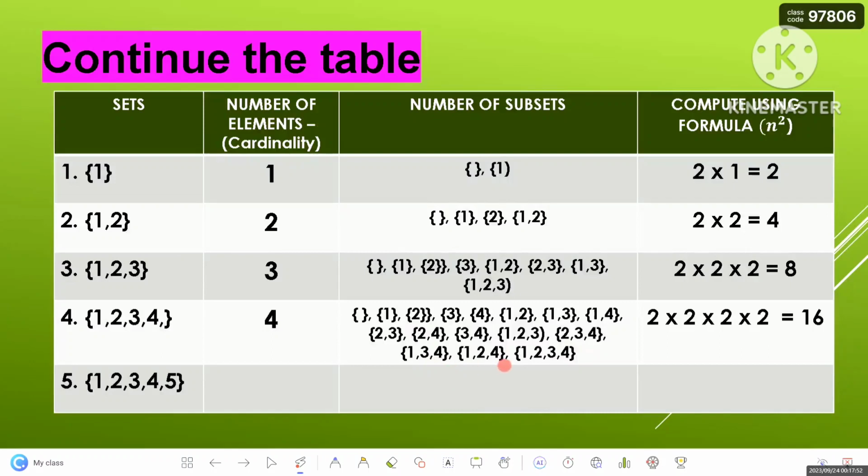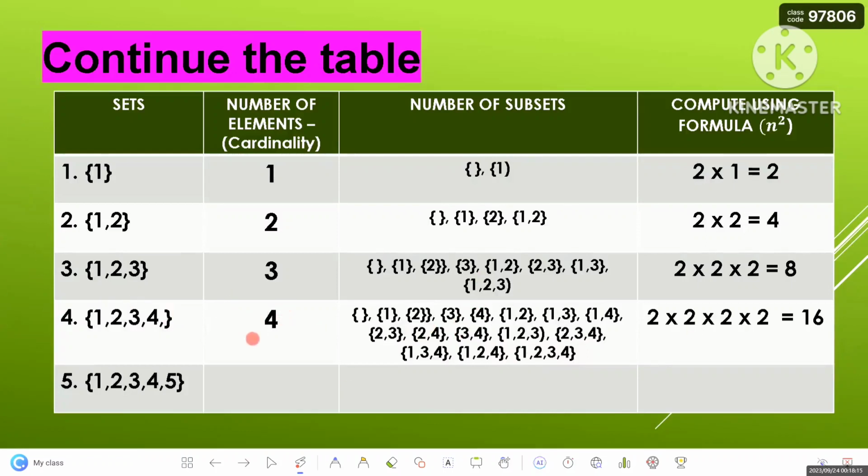And then, yung 4 na, isa. Kung bibilangin natin, we have 1, 2, 3, 4, 5, 6, 7, 8, 9, 10, 11, 12, 13, 14, 15, 16.